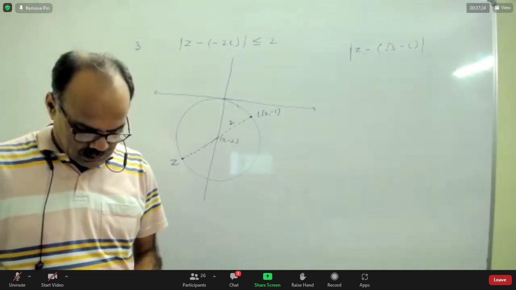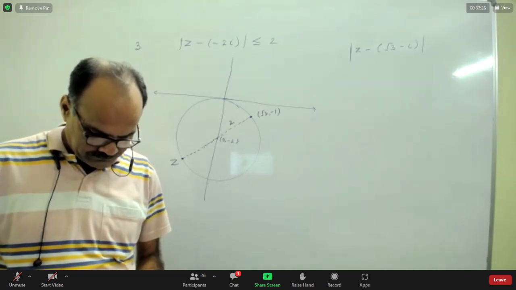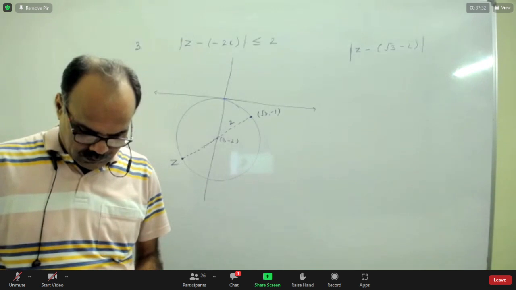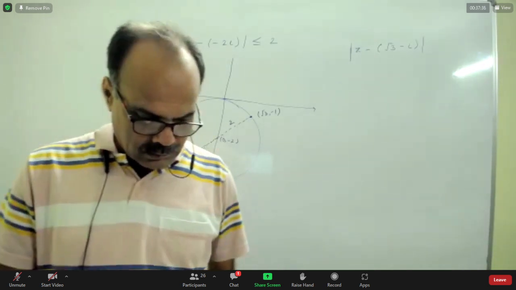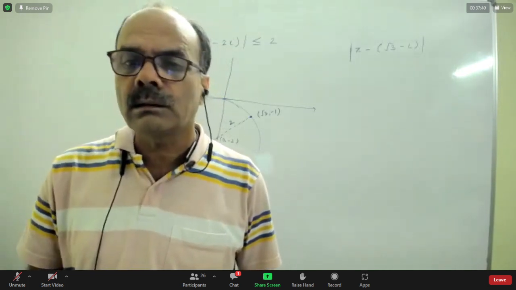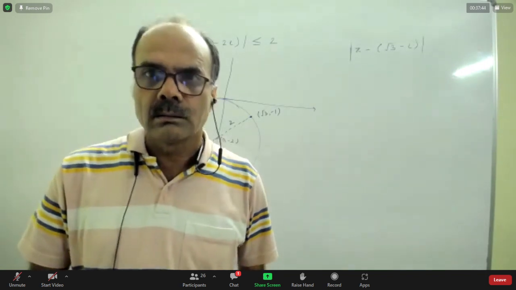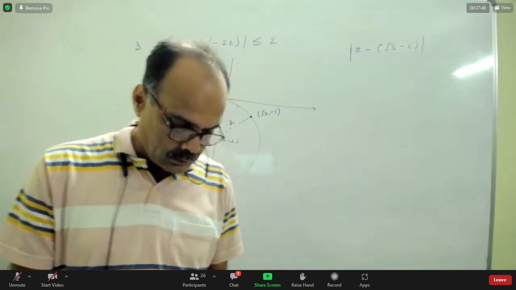Question number 19, Bonus 3, key correction. In the key they have given the answer as 5. Is it? It is 4, sir. In the key, it's given 5. Okay, yes, we'll correct.